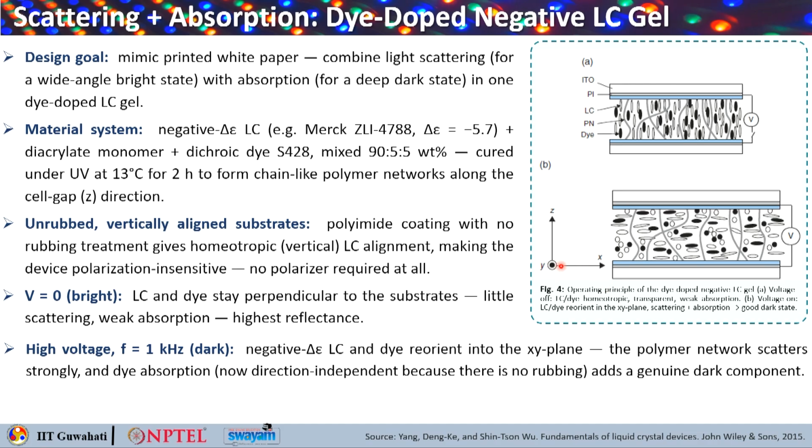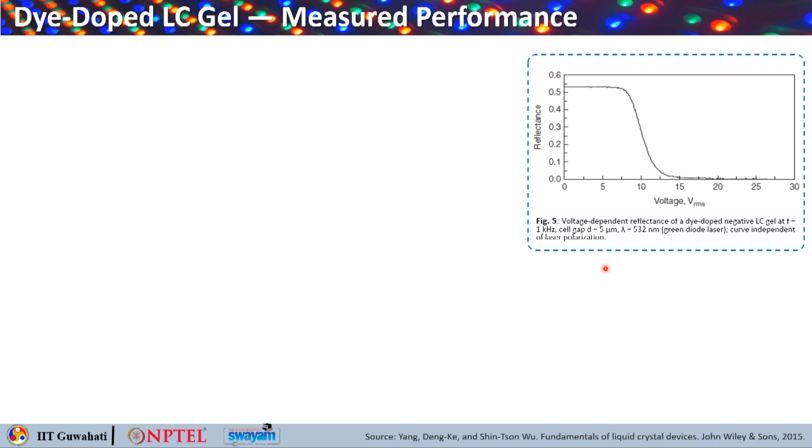So it can drag the molecule along with it. This increases the scattering from the polymer network, and also activates the absorption from the dyes, and the combination gives a substantially darker state. So you get a more paper-like dark state than either of these mechanisms working alone.